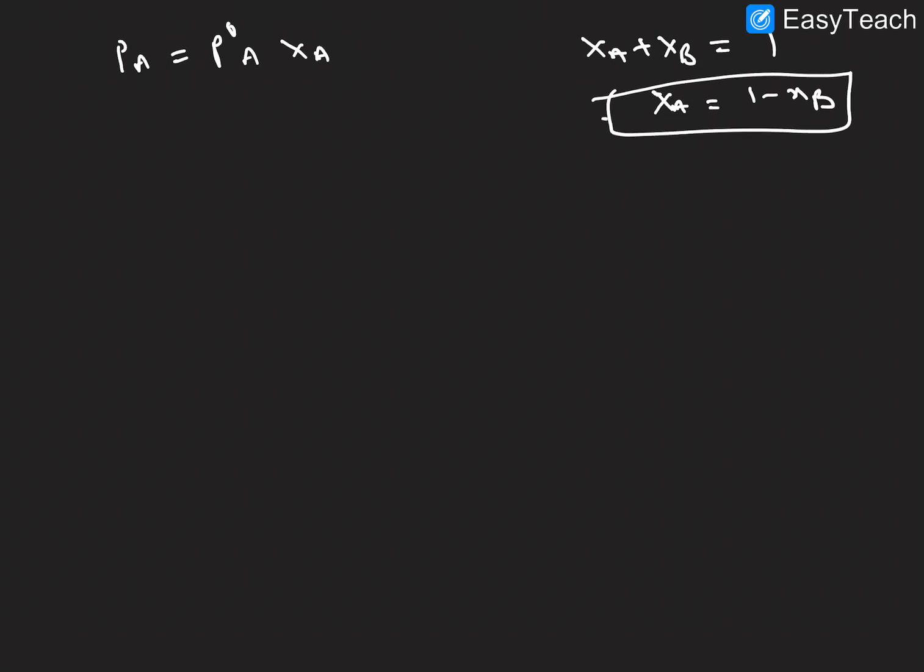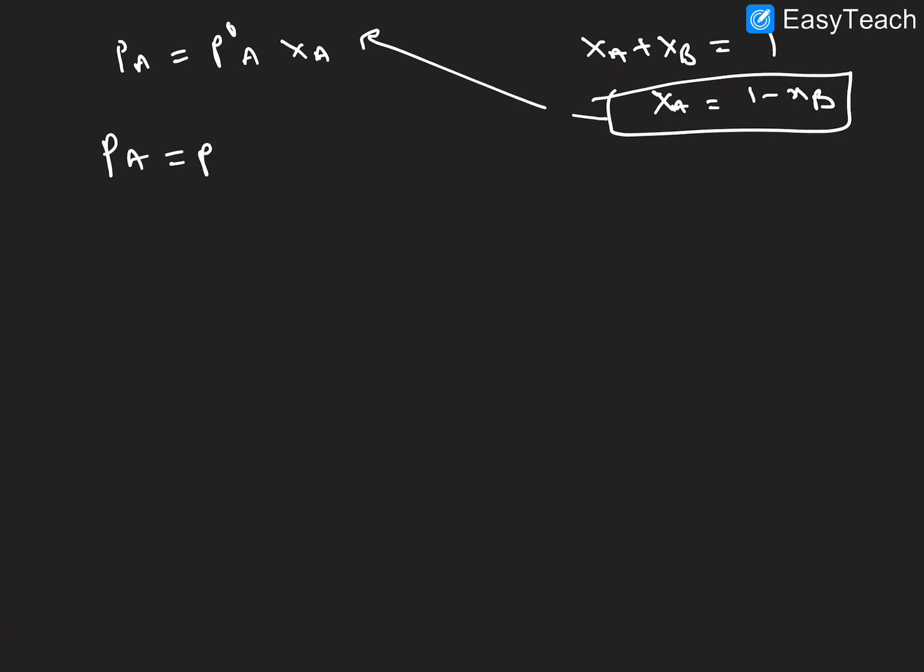So PA equals P naught A into mole fraction of A. We know that mole fraction of A plus mole fraction of B equals 1, so mole fraction of A equals 1 minus XB.